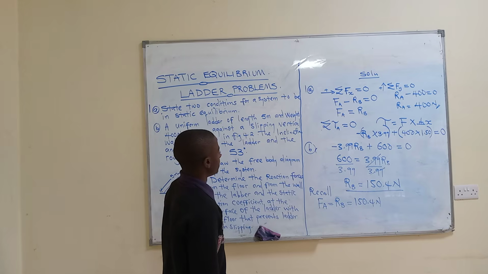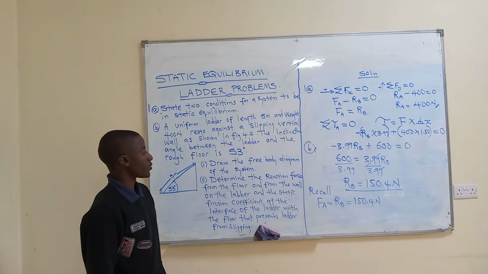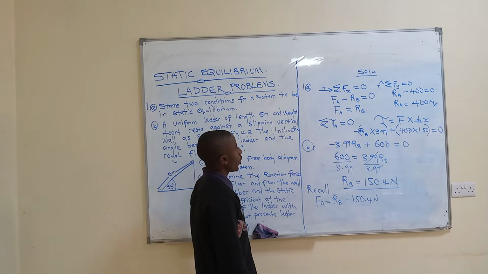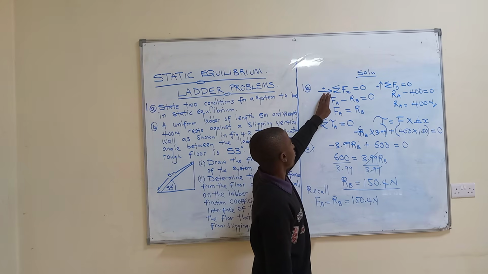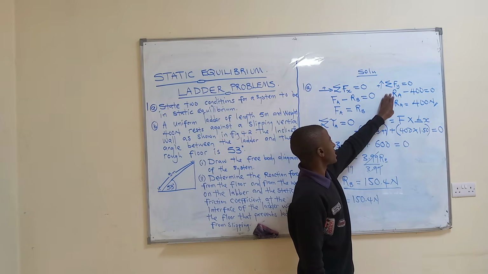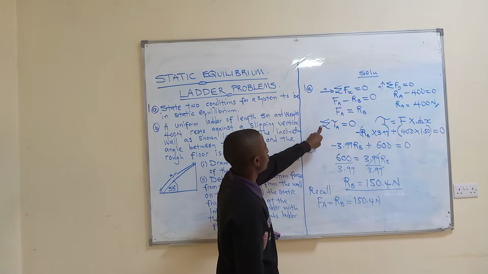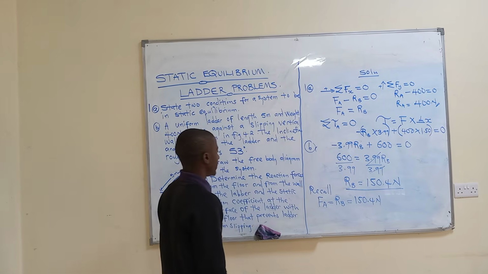Apart from that, what you are supposed to make sure of is to always find the summation of forces in the x-axis, the summation of forces in the y-axis, and also the summation of torque about a certain point.